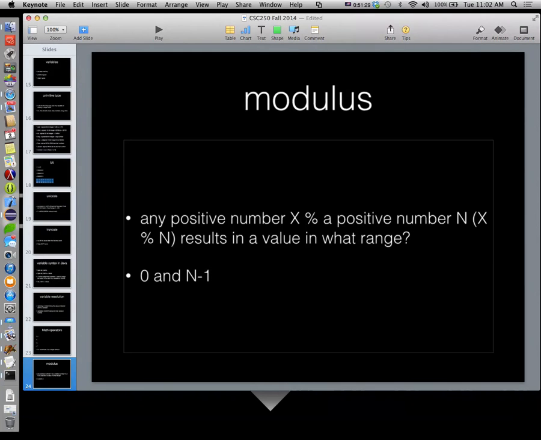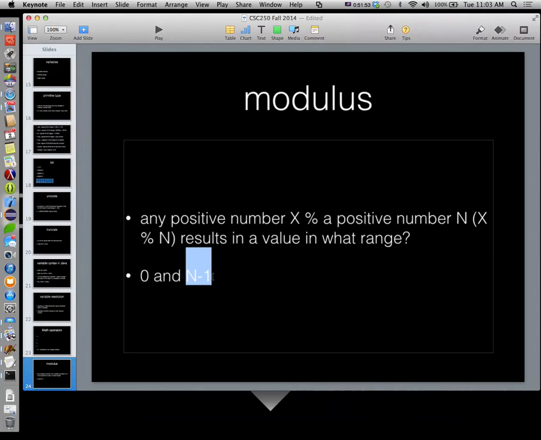So if we say 5 divided by 5, the answer cannot be 0 remainder 5. The answer is 1 remainder 0. So we can never actually have a remainder of 5 when we're dividing by 5. That's why the largest value we can have as a result of modulo is always n minus 1.